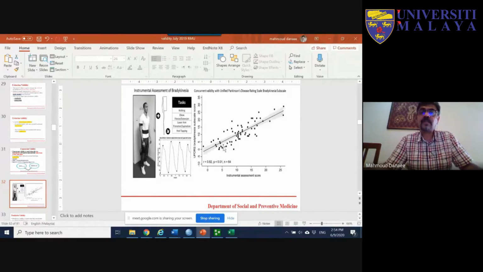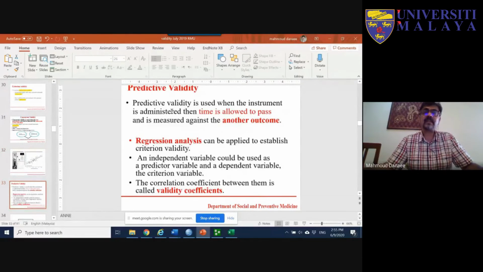The observation is that this questionnaire, this scale based on a scoring scale, and the instrument are highly correlated. It means the scoring system, this questionnaire, is a valid questionnaire because it is highly correlated with the instrument results.